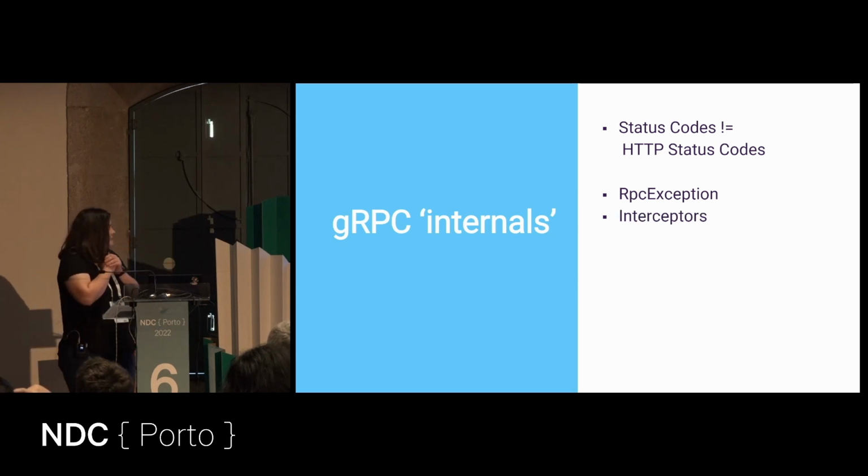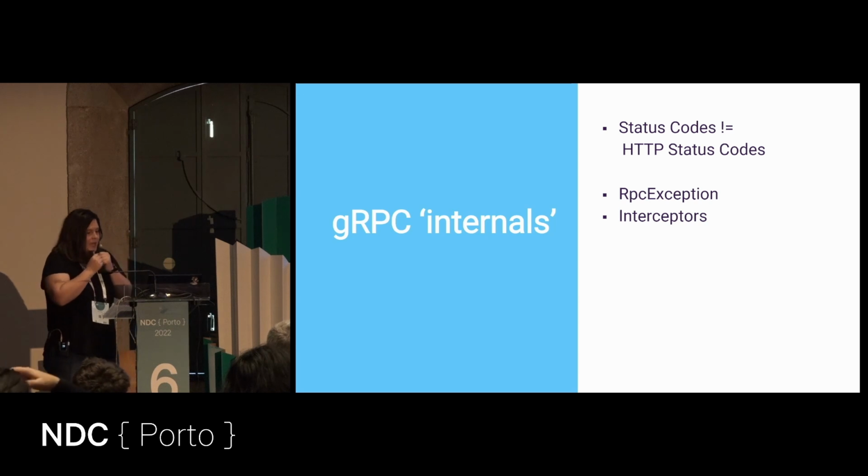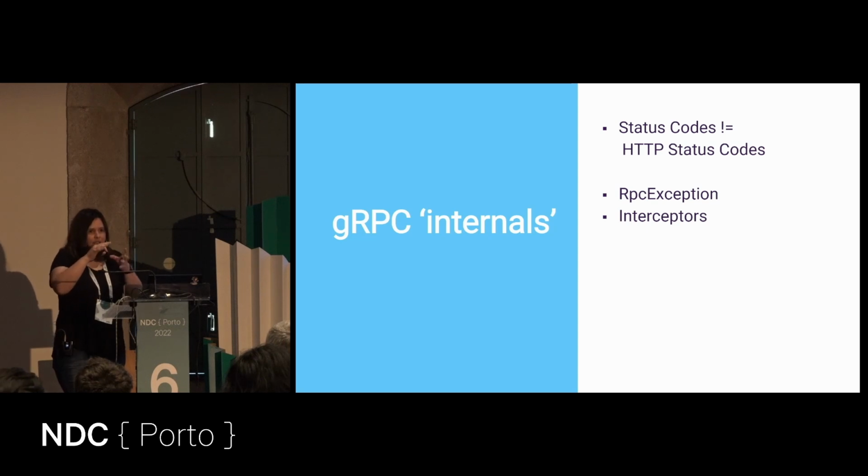Interceptors. Interceptors are a gRPC concept that allows you to interact with that specific gRPC request in a manner that you can inject or, I don't know, hydrate the responses. It's like injecting yourself in the pipeline for that specific gRPC request.